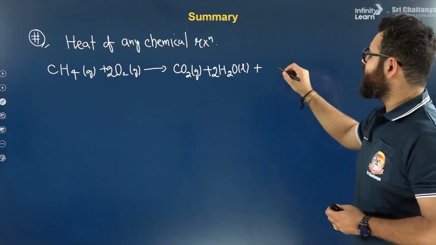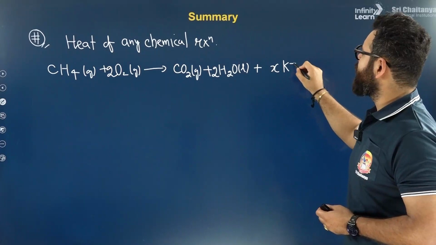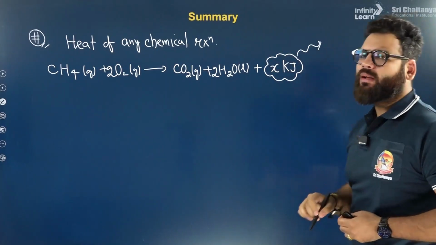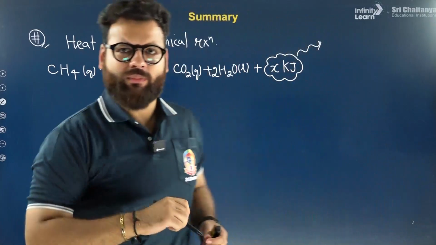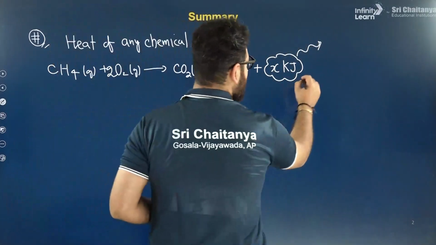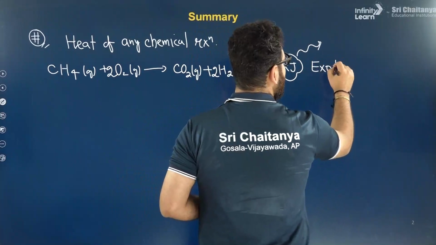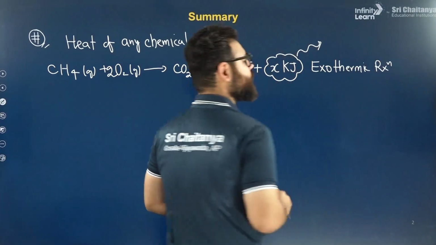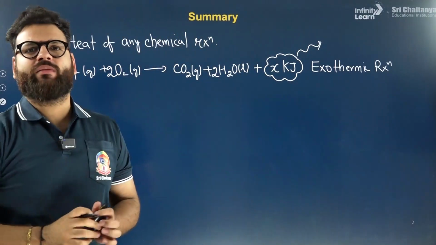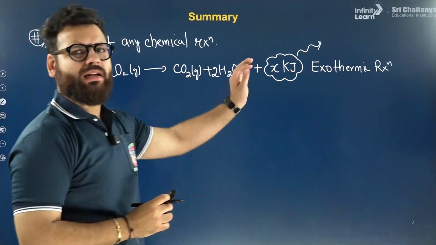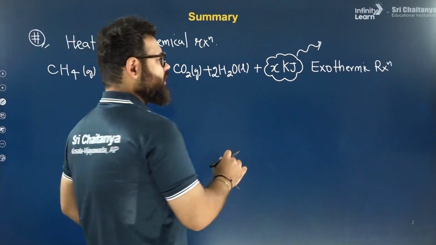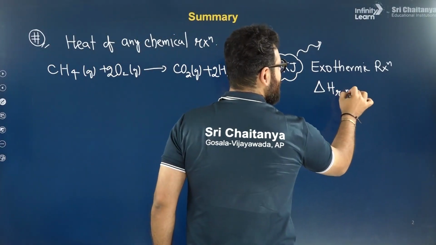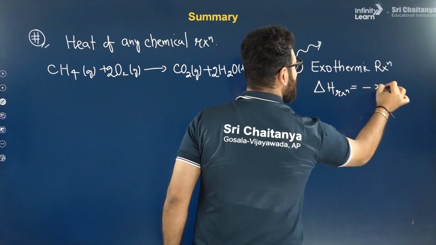Let me write some random value. X kilojoule amount of energy is getting released. So it becomes an exothermic reaction, meaning heat is released. Whenever you see a reaction where some amount of heat is released on the product side, it is an exothermic reaction, and the enthalpy change of such a reaction is written as a minus value.